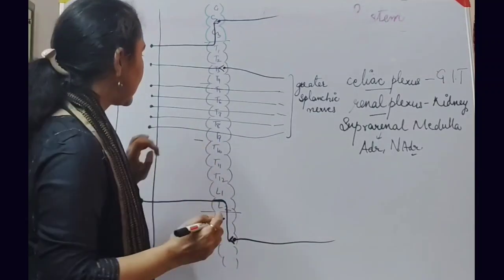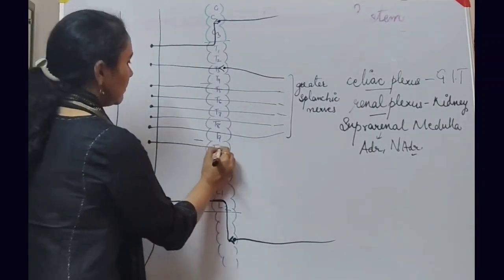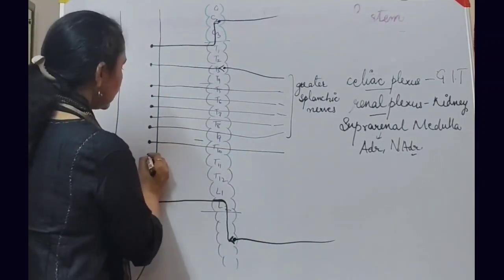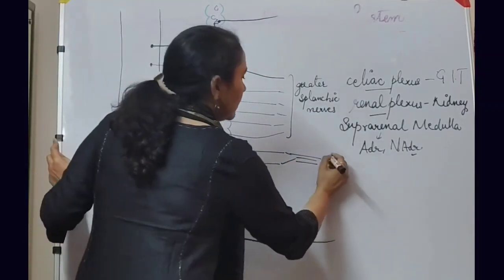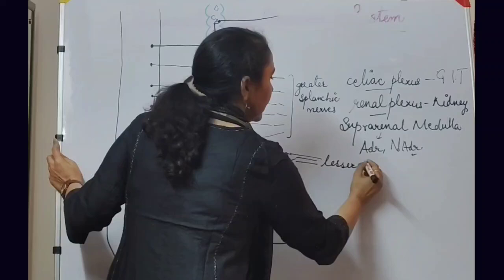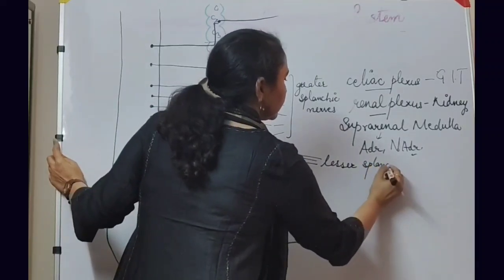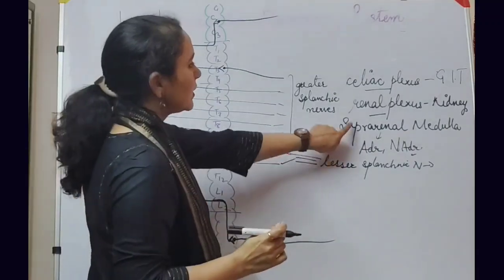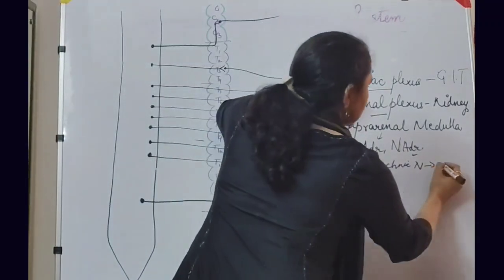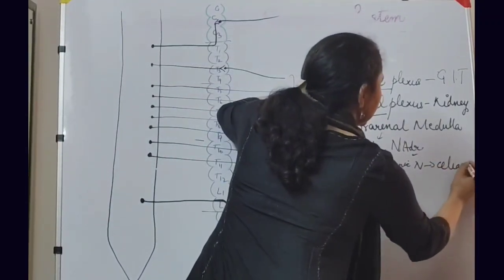So what about the T10 and 11? T10, again they will pass without relay. T11 pass without relay, and these will form the lesser splanchnic nerves. Again, lesser splanchnic nerves will go to the celiac plexus and supply the GIT.